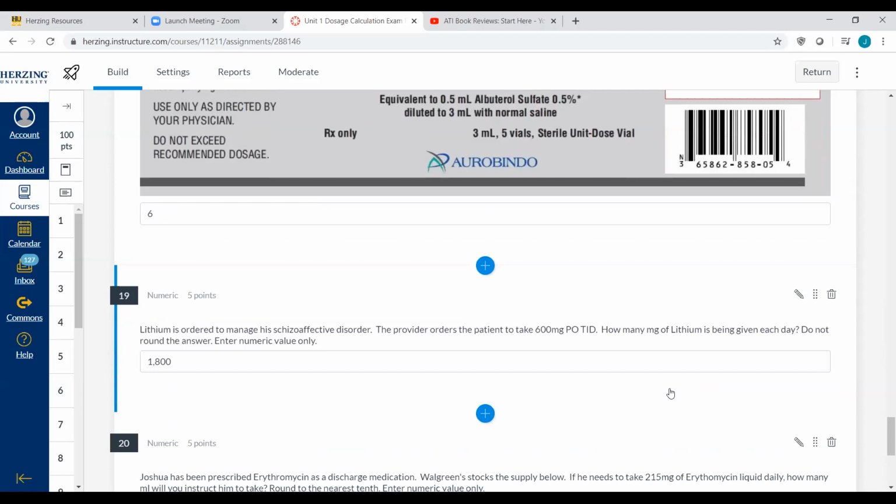All right, and then here's the last one. Joshua was prescribed erythromycin as a discharge medication. Walgreens stocks the supply below. If he needs to take 215 milligrams of erythromycin liquid daily, how many milliliters will you instruct him to take?